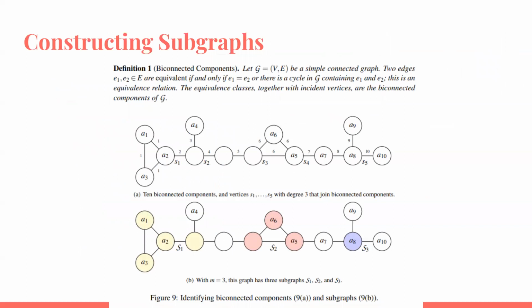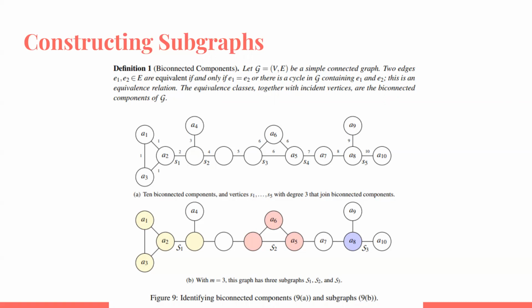Definition one states biconnected components. Let G equal (V, E) be a simple connected graph. Two edges, E1, E2, are elements of E. They are equivalent if and only if E1 is equal to E2, or there is a cycle in G containing E1 and E2. This is an equivalence relation.